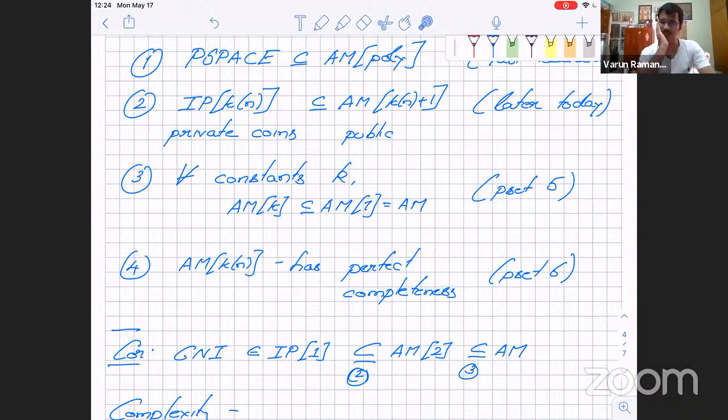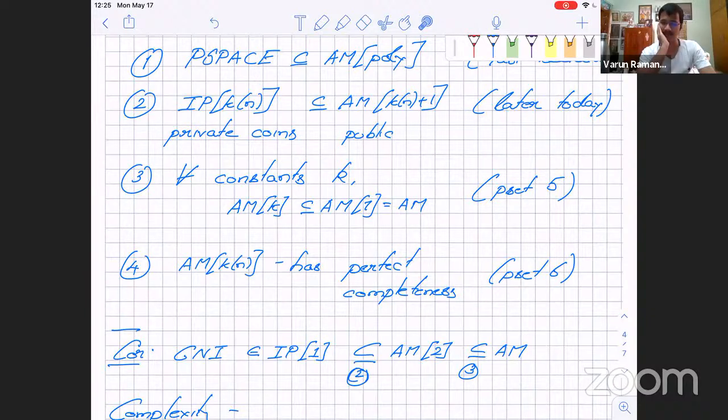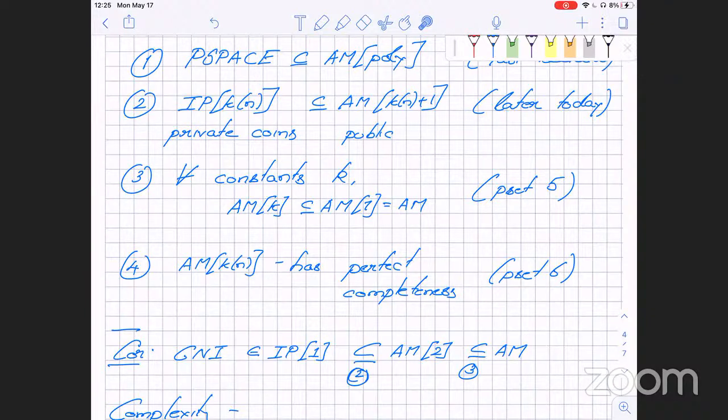And what's the best thing we know about graph isomorphism right now? One way, of course, to prove this is to put graph isomorphism in P. We haven't yet managed to show that. There was a recent remarkable paper due to Laszlo Babai a few years ago, which showed that graph isomorphism has a quasi-polynomial time algorithm.